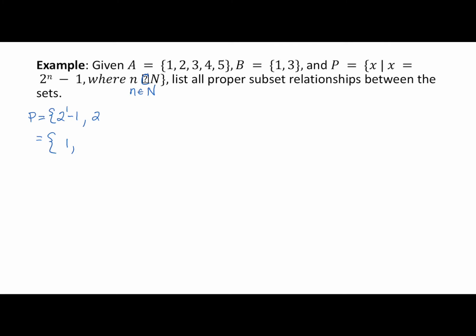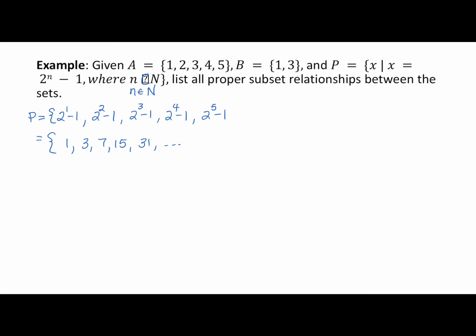The second element is 2^2 minus 1. That's 4 minus 1, which is 3. Then I have 2 cubed minus 1, so that's 8 minus 1, which is 7. 2^4 minus 1 is 16 minus 1, which is 15. 2^5 minus 1 is going to give me 32 minus 1, which is 31.